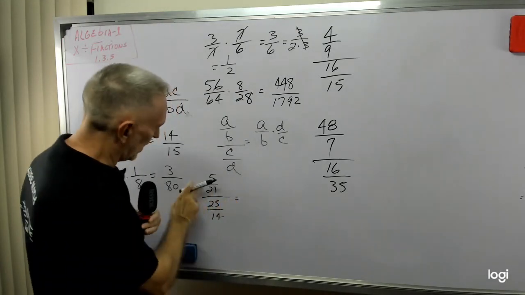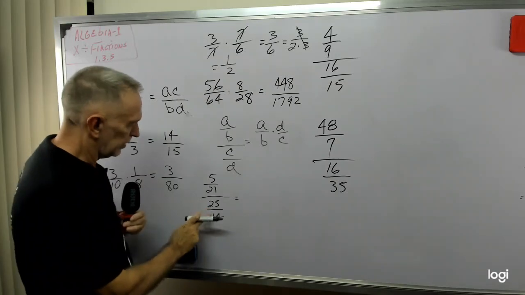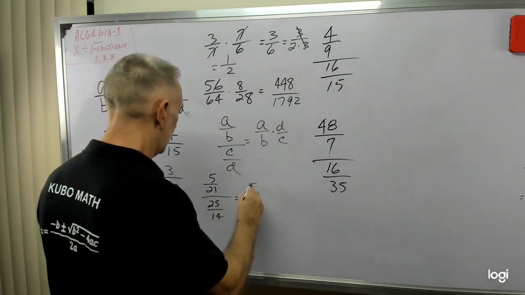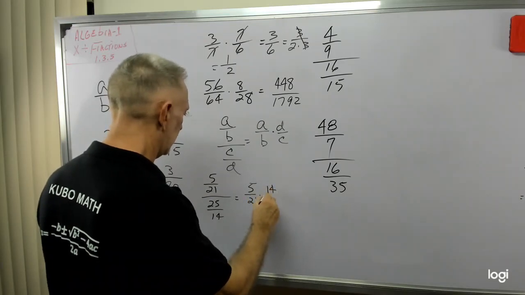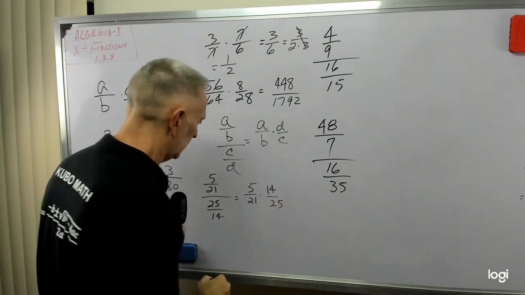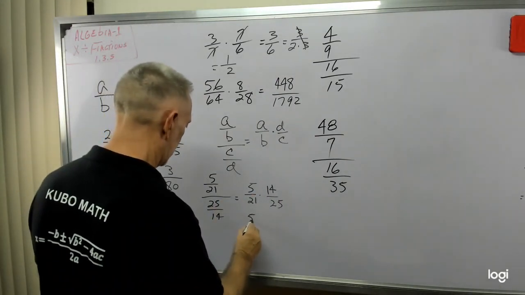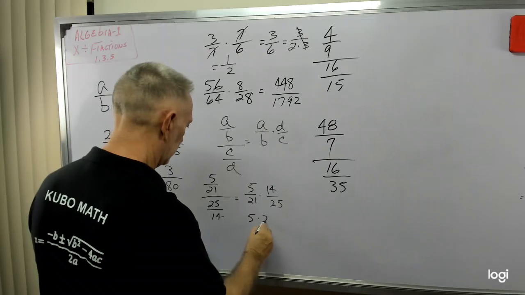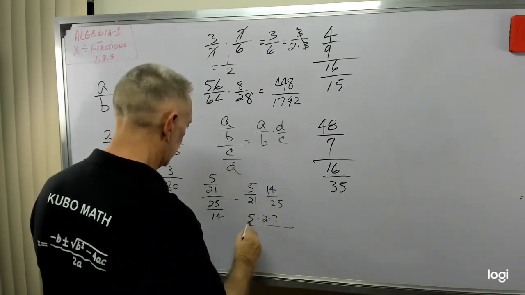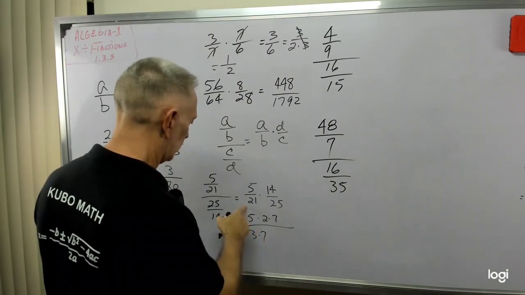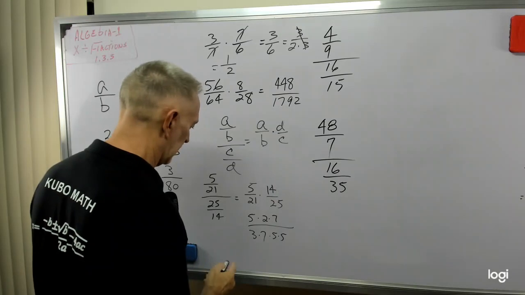So let's think about that. Here I have 5 over 21 divided by 25 over 14. So I have 5 over 21 times 14 over 25. Well, can I do something to reduce that? So I have 5 times 2 times 7, and that's divided by 3 times 7, which is 21, times 5 times 5, which is 25.